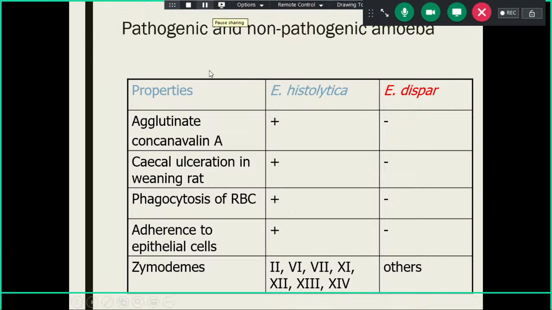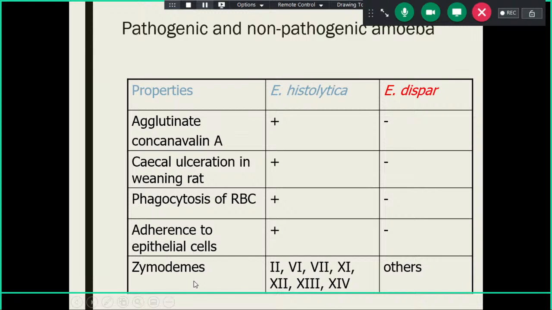In those cases, there are 4 tests available to differentiate between the two. Agglutination by concanavalin A is present in histolytica. Cecal ulceration in weaning rats is an animal inoculation test. Histolytica shows phagocytosis of RBCs. Histolytica also gives adherence to epithelial cells.